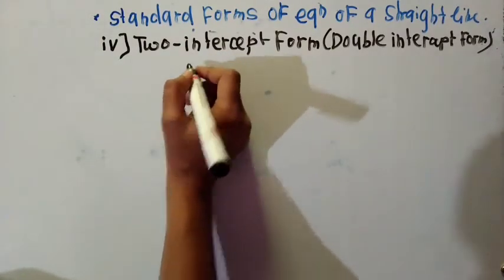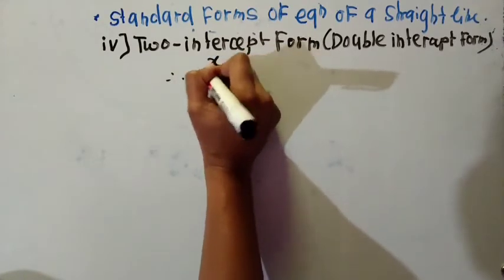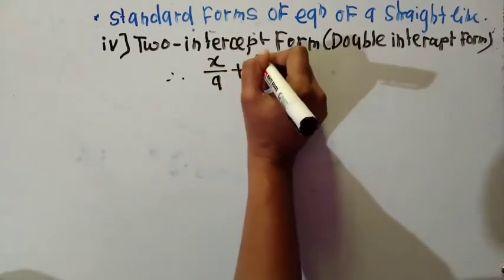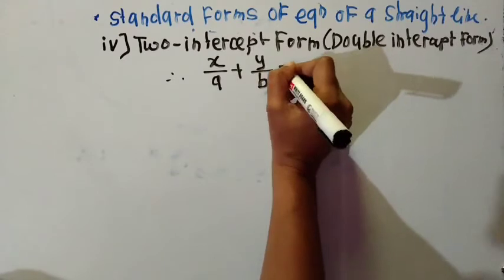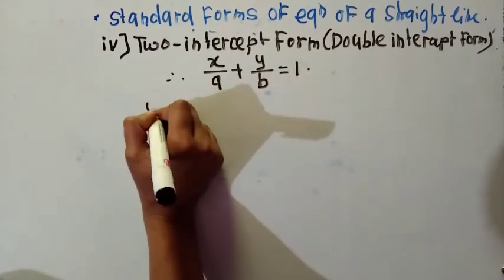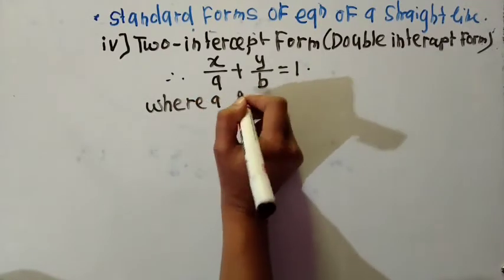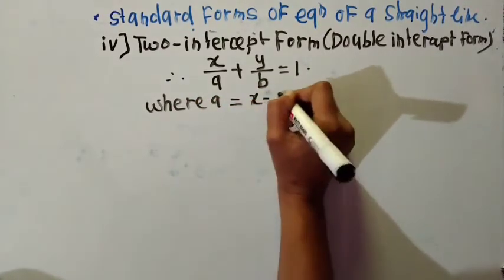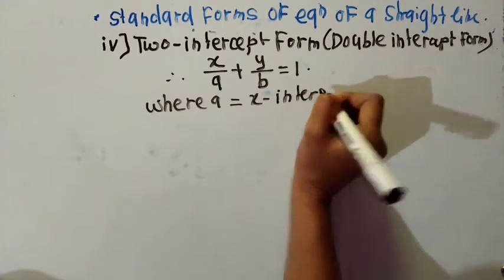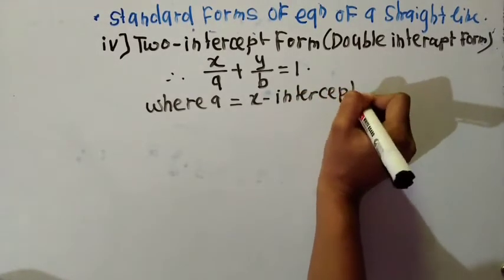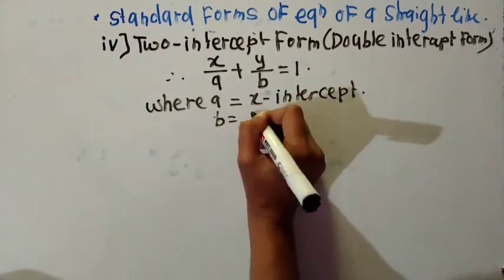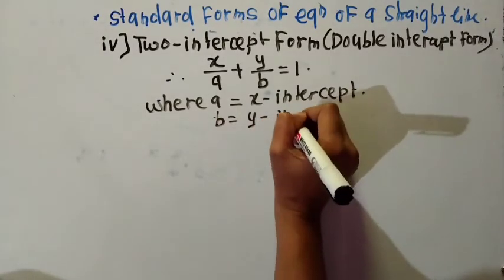The intercept form is x upon a plus y upon b is equal to 1, where a is the x-intercept and b is the y-intercept.